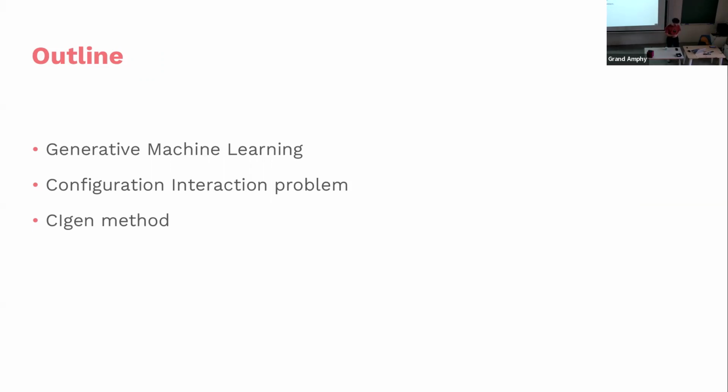I will then briefly introduce configuration interaction theory, its shortcomings, and some approaches to resolve them. And then I will present my method, the CIPSI method, to use generative machine learning to select important configurations in the CI problem.